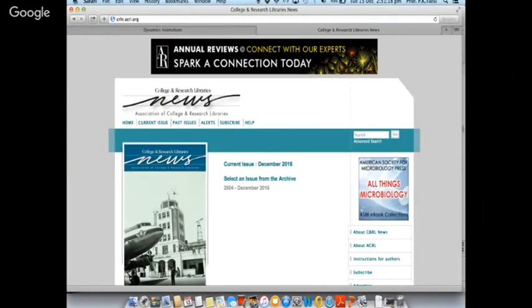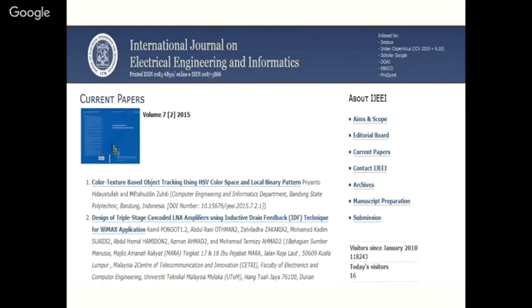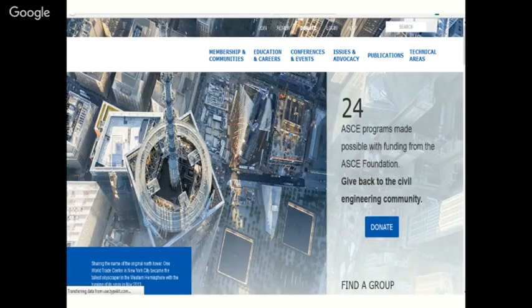Then you have annual reviews which are available on websites. So you can check these annual reviews also, which are published by many of the colleges or the publishing sites. You have a lot of journals which are coming up, national level, international. So the journal gives you the current research which is being carried out in any field.